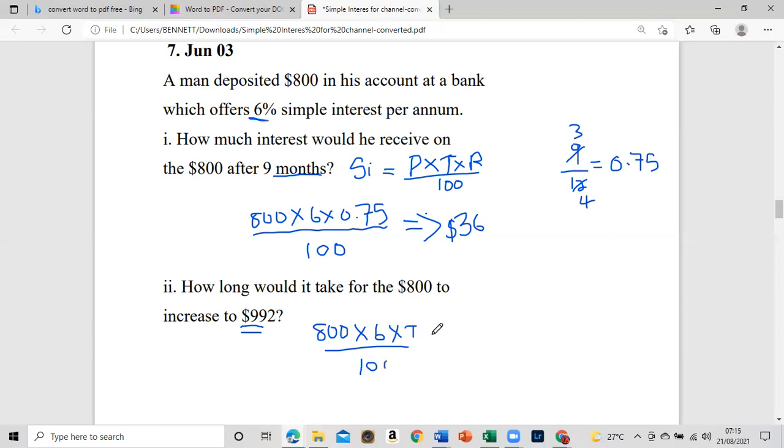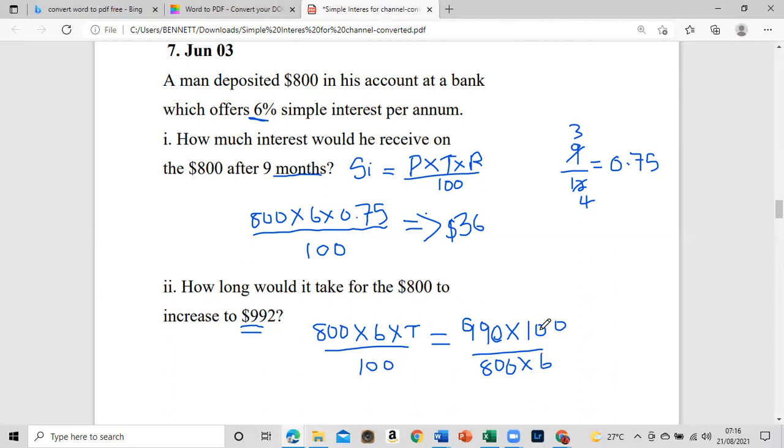So we're just going to transpose again. Again, this is really common sense. They set it up a way, but it's really common sense. So we're going to transpose for t. We make one step: we transpose, this is a divide, so we times by 100, and we divide by this. So it's 800 times 6.